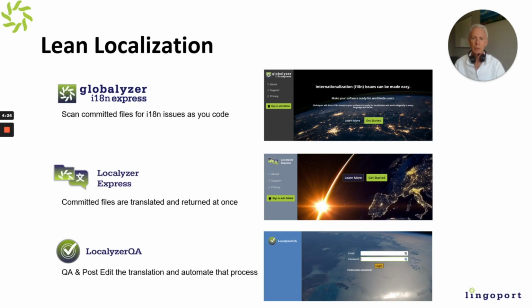One of them is Localizer, and Localizer helps with the translations of resource files that contain user-facing strings. And finally, Localizer QA to validate the translations that have been returned with Localizer. Today we're going to focus on Localizer Express, which is one way to deploy Localizer using a GitHub application and make that pretty much immediate for developers.